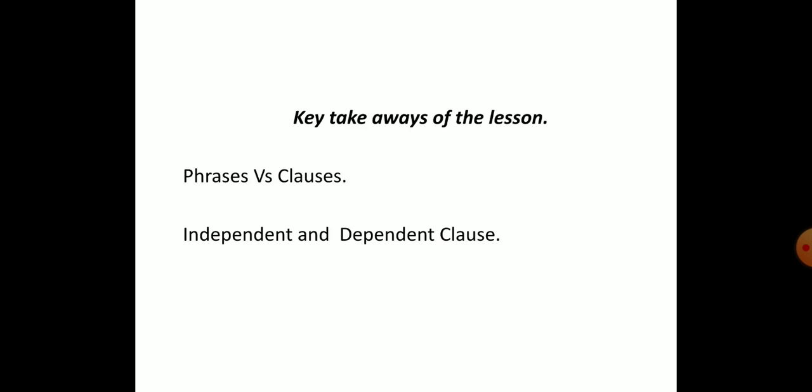A phrase is a group of words without any subject and verb combination, and it can't be used alone. Then, what is a clause? It is a group of words with a subject and verb combination, and it can be used alone. Finally, there are two types of clauses: independent clause and dependent clause.